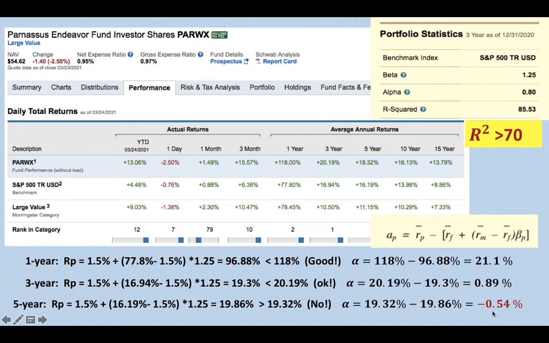Just say for 5-year, these funds didn't outperform the benchmark. So it's okay. This is basically how you use the CAPM, to quickly compare funds and see if they are outperforming the benchmark. This is a good way to use it.